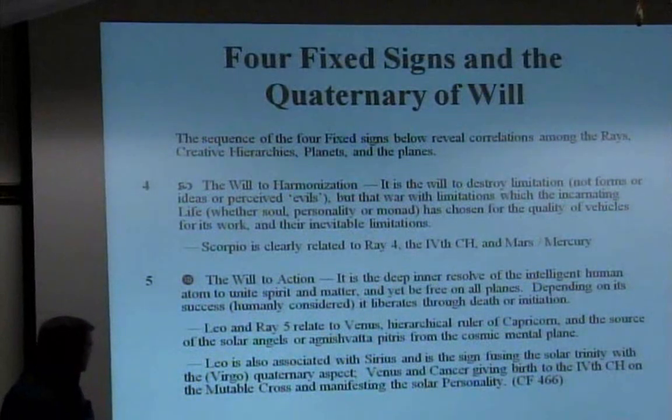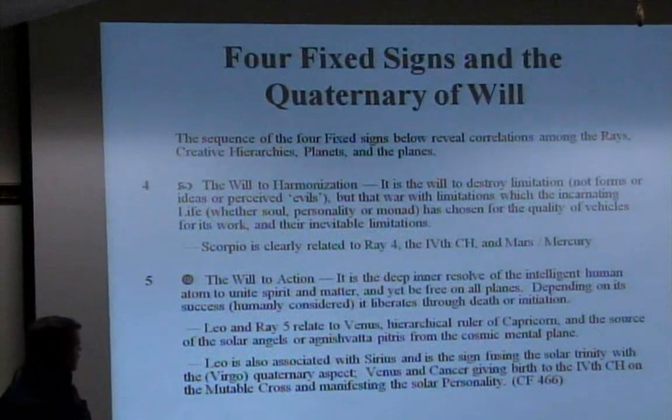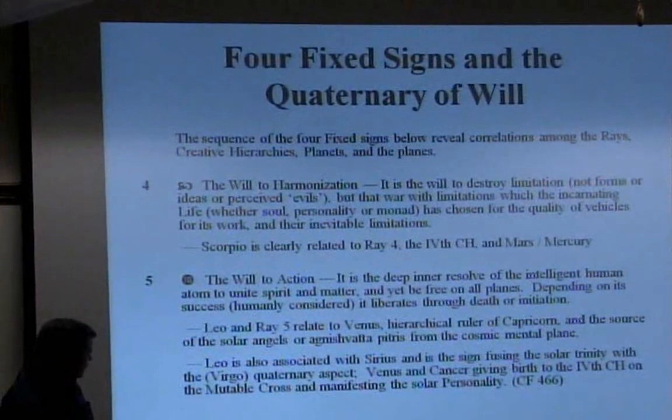Leo, I try to explain why Leo, Aquarius, and Sag are related to the will to action, because they're related to Venus, hierarchical ruler of Capricorn, the source of the solar angels from the cosmic mental plane, ultimately. Leo is also associated with Sirius and the sign fusing the solar trinity with the Virgo quaternary aspect. This is on, I think, page 416 of Esoteric Astrology.